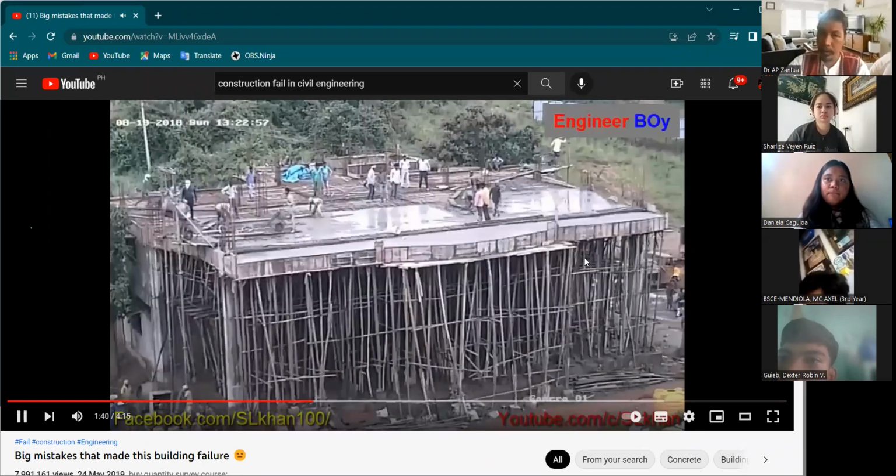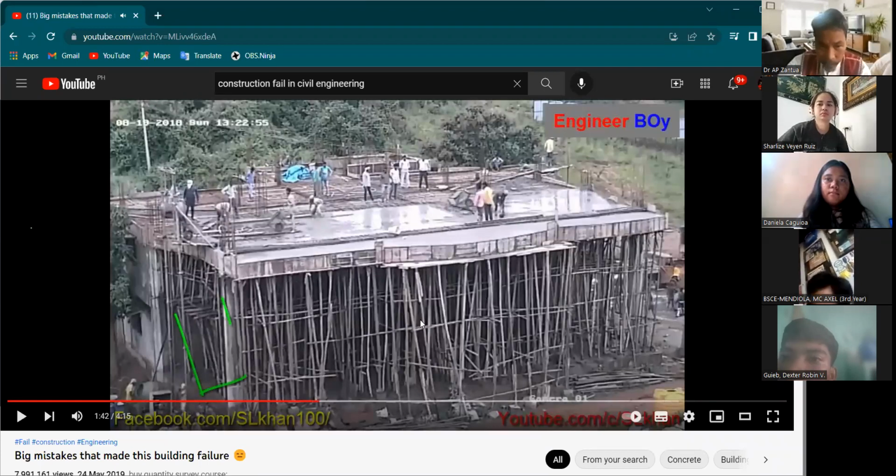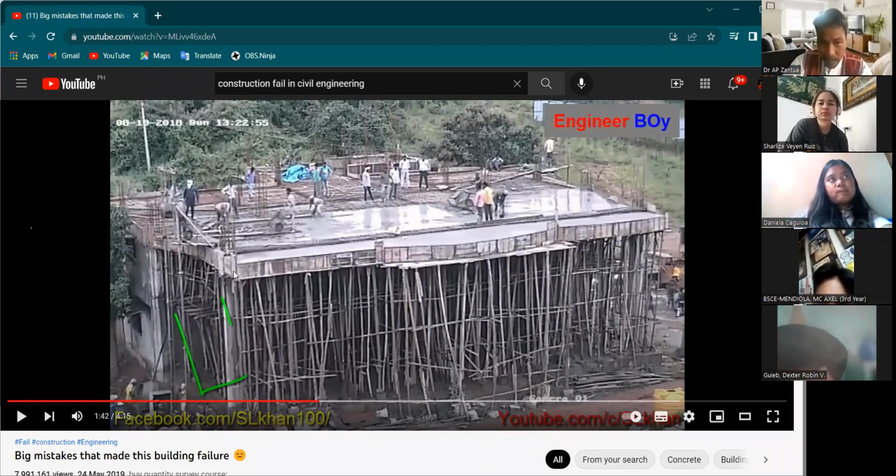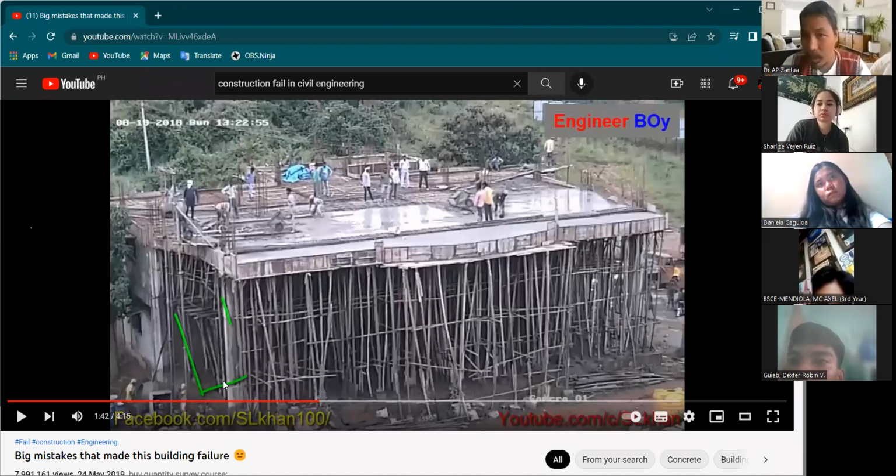So the support. Take note of the slab. Okay. So if the height is 7 meters, more or less, what can you say about the length of the slab? This is one column. Column is the English word for poste, the English word for haligi.